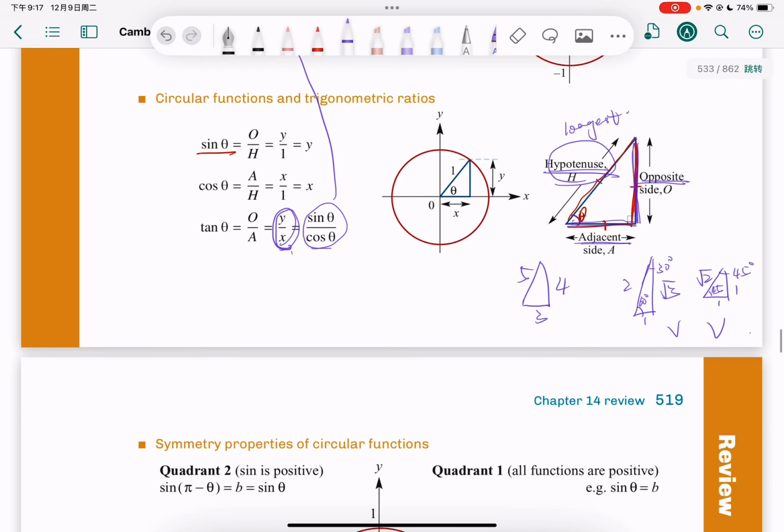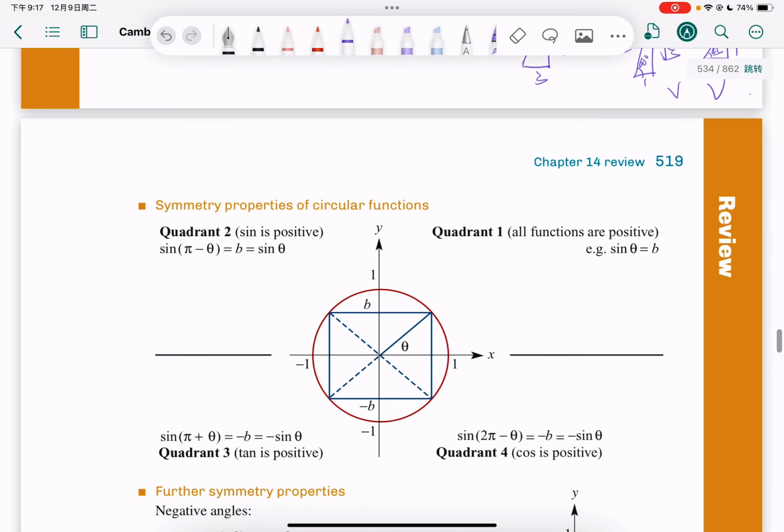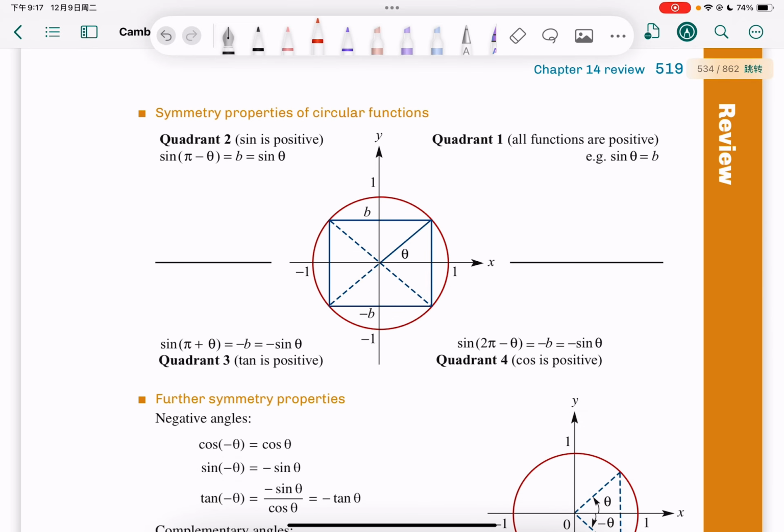And then let's move on to the symmetry properties of circular functions. We have 4 quadrants. It depends on which area we are in of the x, y coordinate system.